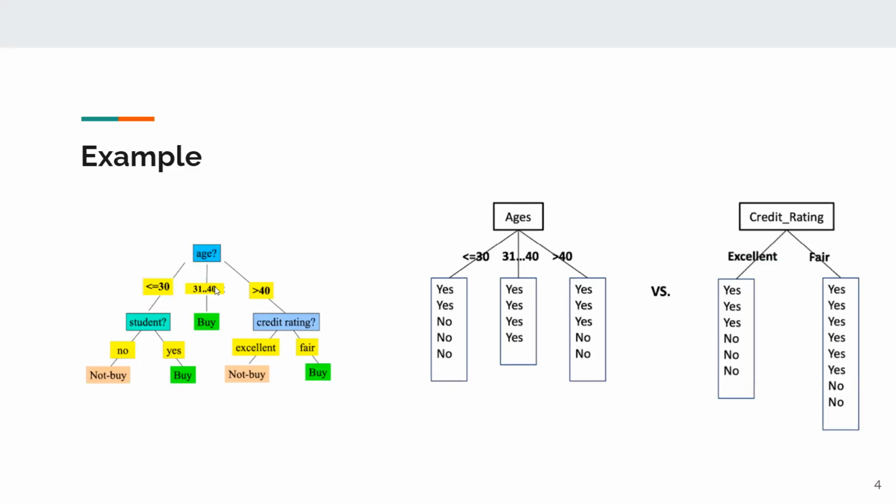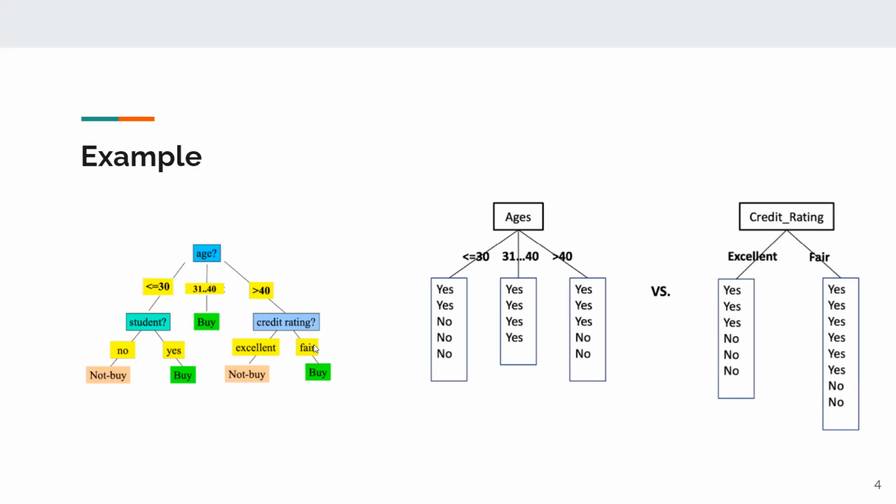Then the decision tree suggests that we take an immediate decision, knowing that this customer is willing to buy a computer. However, when the customer's age is above 40, the decision tree suggests we consult another attribute, which is the credit rating. If it is fair, then the customer is willing to buy a computer.